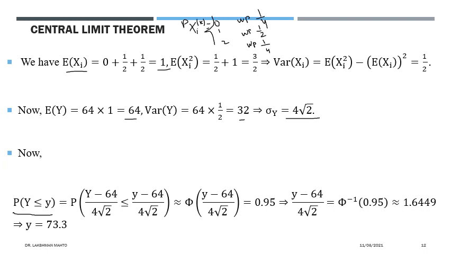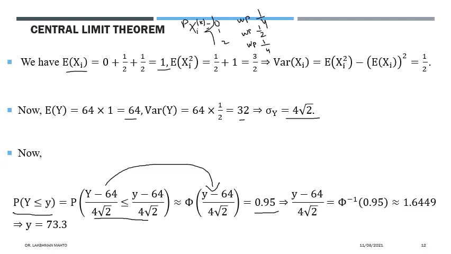So we need to standardize this, in the same fashion, by utilizing the mean and variance of Y. This is converted into the distribution function Phi at z, where z equals (y minus 64) divided by 4 times the square root of 2, using convergence in distribution, and the value of this is given as 0.95.